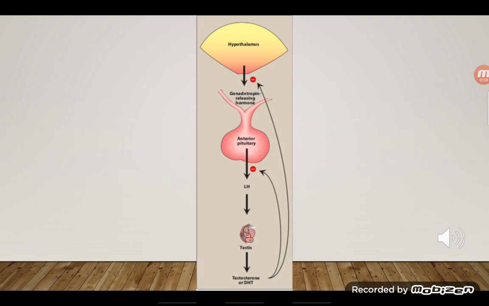This diagram simply shows how gonadotropin releasing hormone is produced by the hypothalamus to regulate the production of LH and FSH by the anterior pituitary, mainly LH in males, which is responsible for stimulating the testes to produce testosterone or dihydrotestosterone. And definitely these hormones exert a negative feedback mechanism to control the production of gonadotropins.